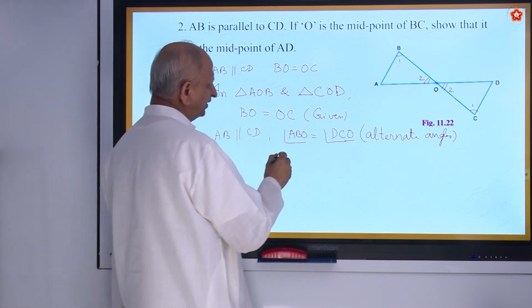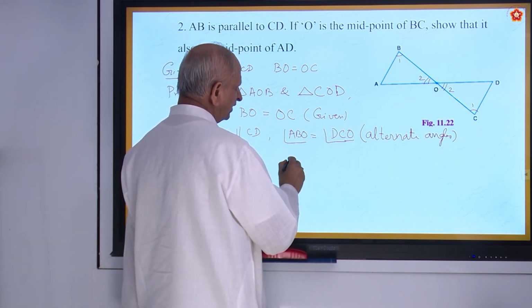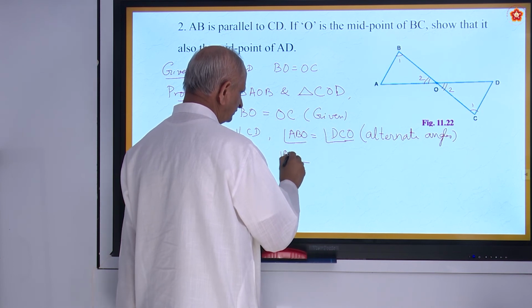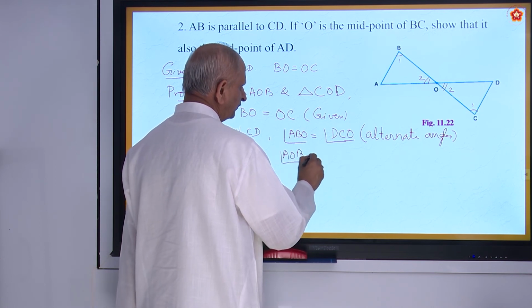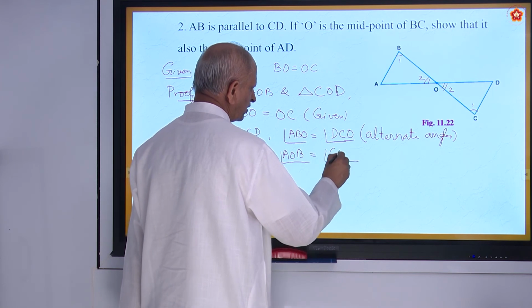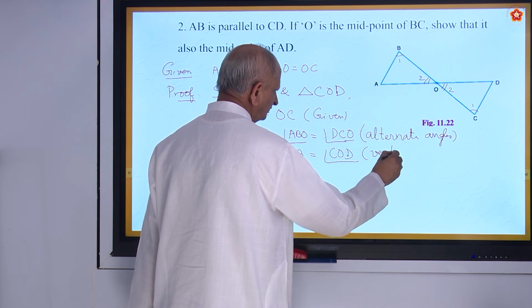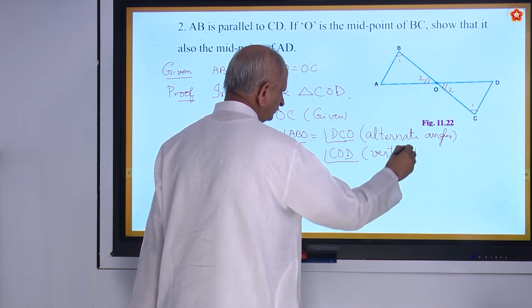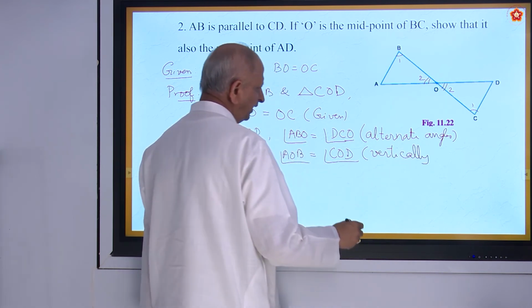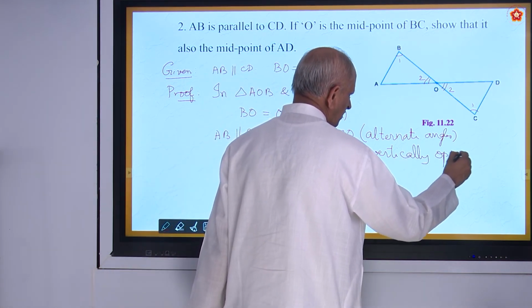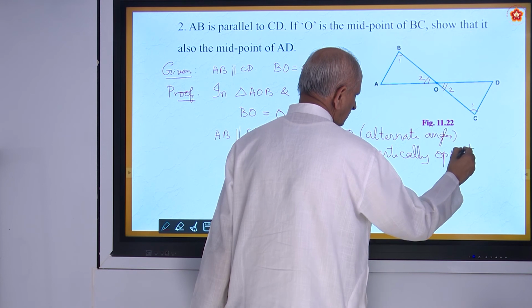And one more thing, you can write angle AOB is equal to COD. They are vertically opposite angles.